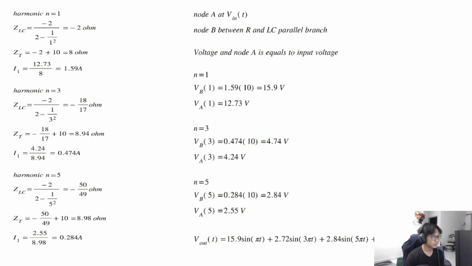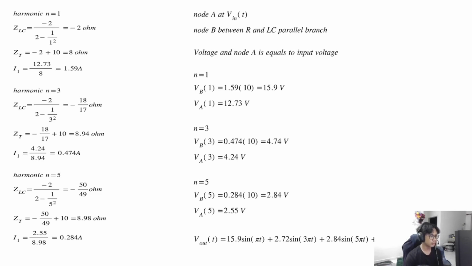The harmonic for n equal to 3 is at node B 4.74, and at node A 4.24 volt. Harmonic n equal to 5, voltage at node B is 2.84 volt, and at node A is 2.55 volt.